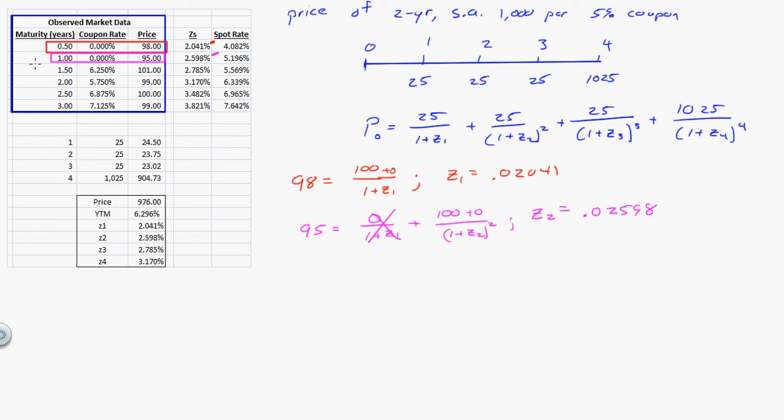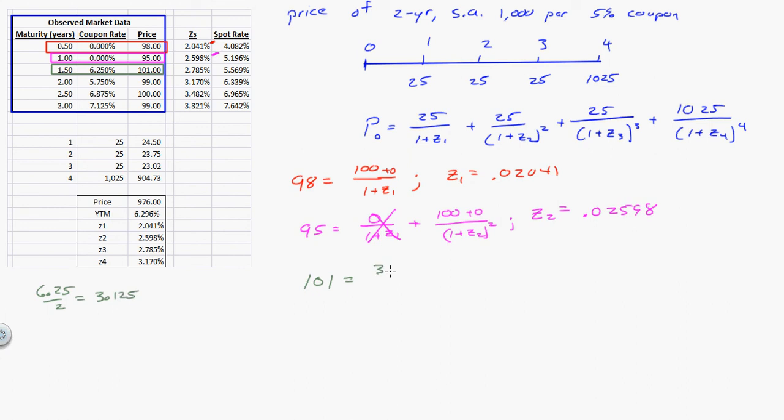Okay, so going to the next one, this is where it starts to be a little bit more work. At 1.5 years, I can no longer observe a T-bill because no T-bill exists. There's strips, and we can talk about why strips may not be the best thing to use. So for 101% of par, I get a bond that pays 6.25%. 6.25 divided by 2 is equal to 3.125.